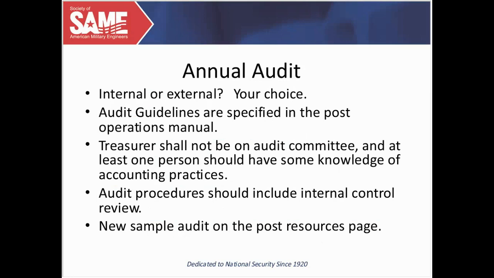A treasurer or someone with signatory authority must not be on the audit committee. A post may choose to have an internal audit, which is one completed by your volunteers, or an external audit, which means you pay a company to perform it. External audits can be quite expensive, but they do provide a level of assurance that volunteers can't quite meet.